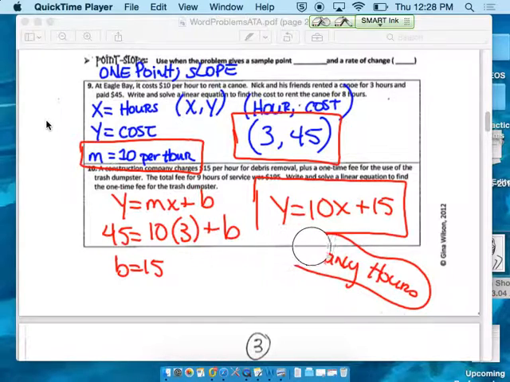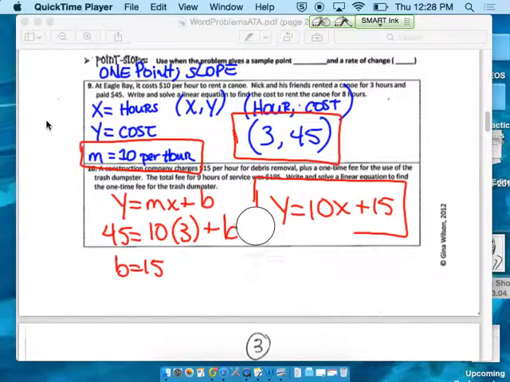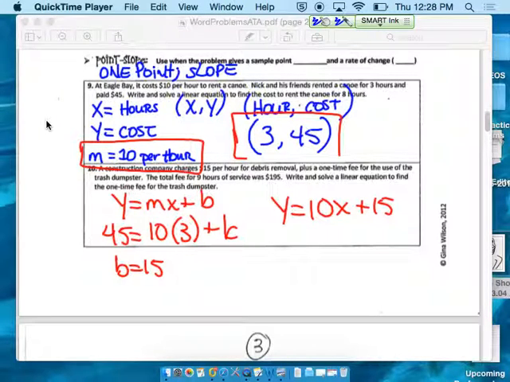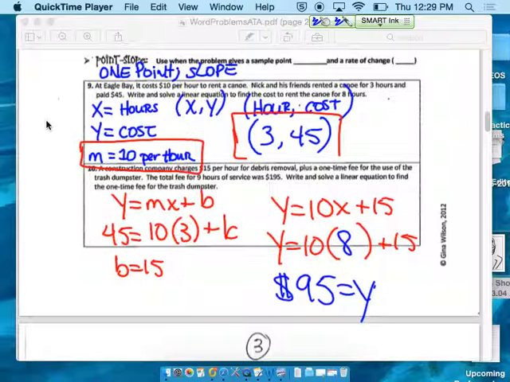Well, I take the function that I've created. The hours represent my variable x, my independent variable. I let x take on a value of 8, and that means it would cost $95 to rent a canoe for 8 hours.